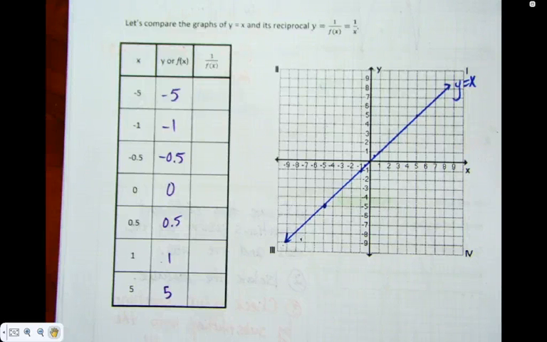I always do it in pen so you guys can see it. Okay, so regular linear line, straight linear line from last year.